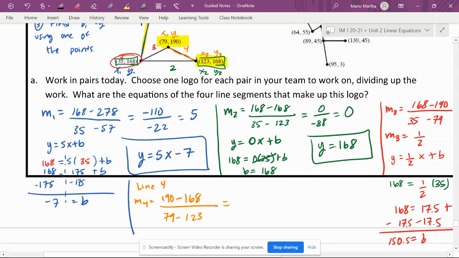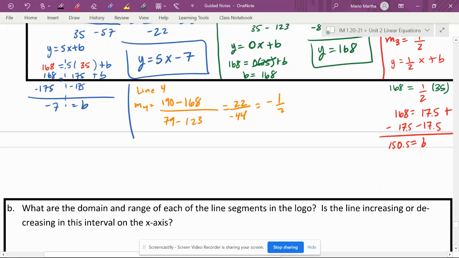And then again, the numerator would be just 22, positive 22, right? And then the denominator would be 79 minus 123 is negative 44. So again, this would give us negative 1/2, right? A positive divided by negative is negative.